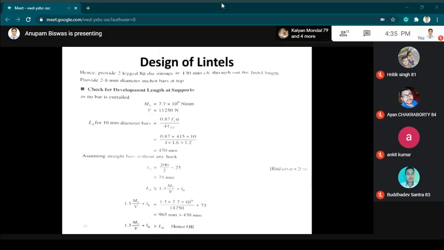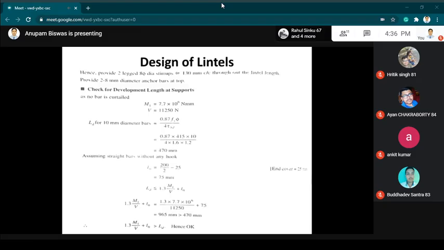We can provide two numbers of 10 mm bar at the tension zone, and at the compression zone for anchorage 8 mm bar is to be provided, and two-legged 8 mm dia stirrups are to be provided at a distance of 130 mm center to center. If you increase the dia, then obviously you will have a longer spacing between them for the stirrup.